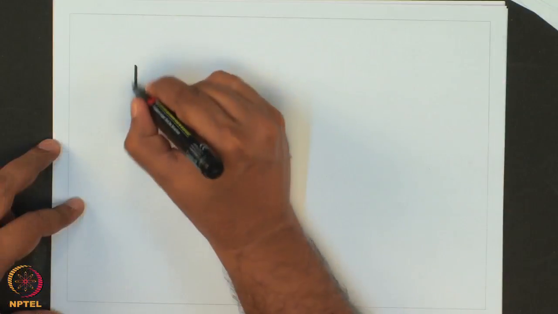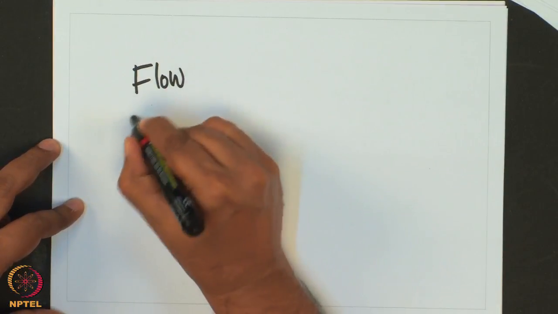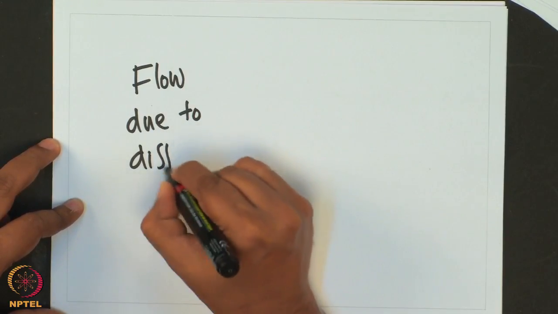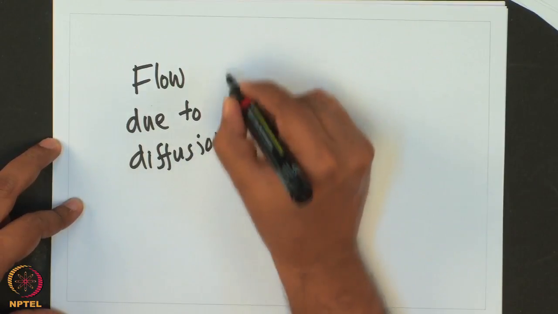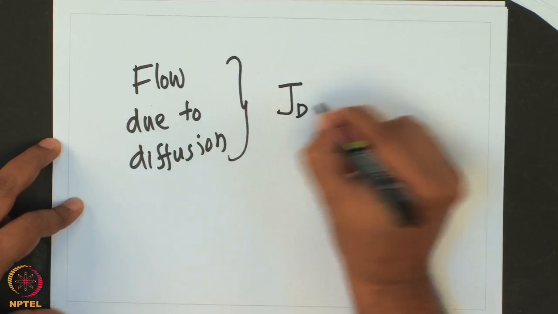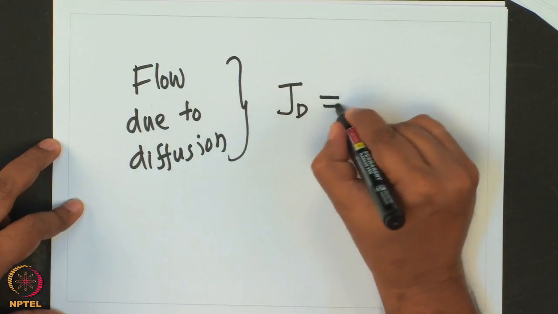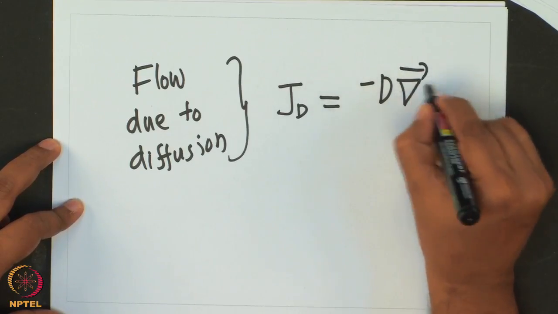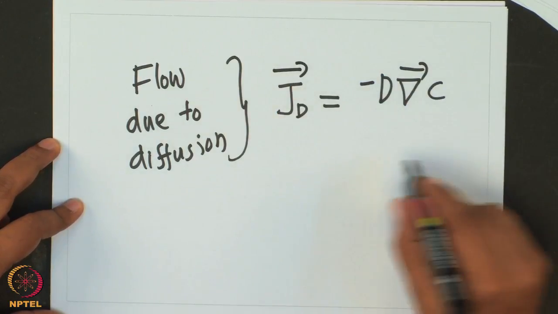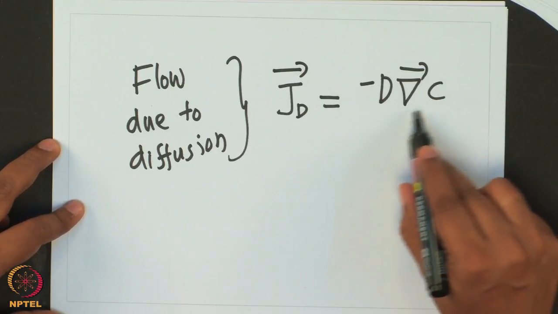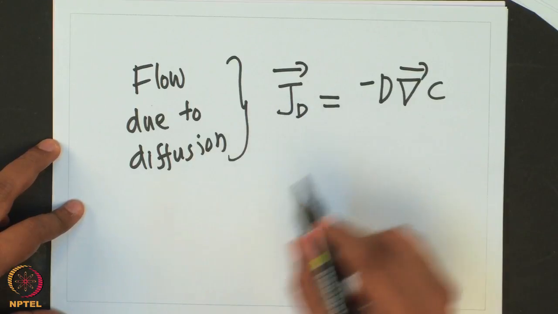The flow due to diffusion, let us call this JD, diffusive flow, which is minus D del C, which is the vector notation. So, it depends on the change in concentration, and that is the direction the flow will pick up.